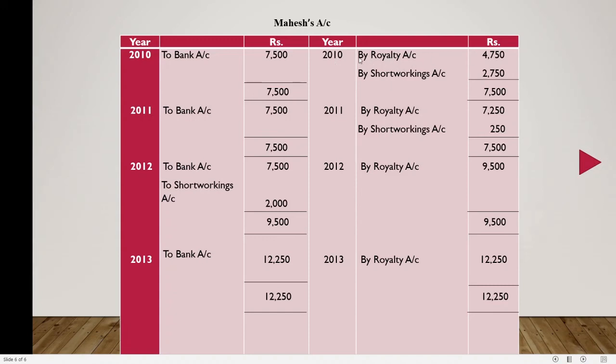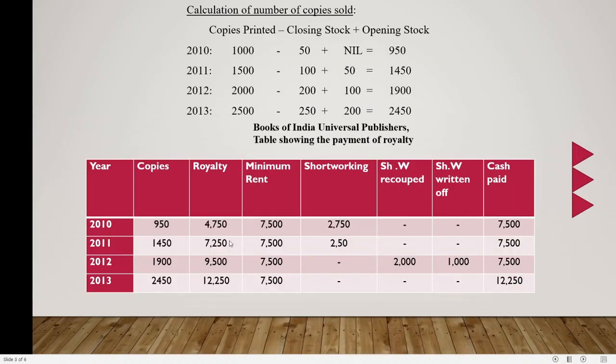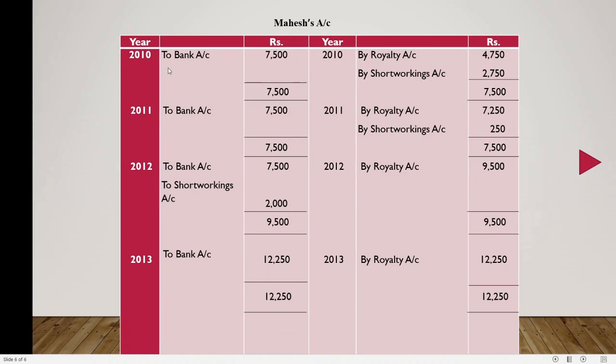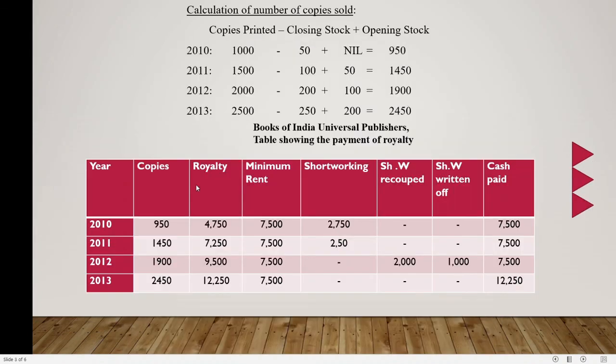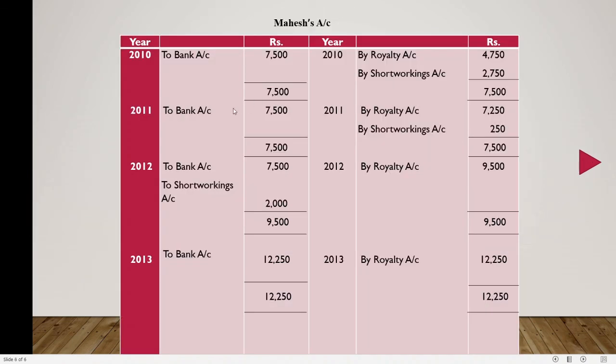So on the debit side, by royalty account 4,750, by short workings account 2,750, cash paid 7,500, to bank account 7,500, total 7,500. Again same entry: by royalty account 7,250 royalty, short working 250, cash paid 7,500, to bank account 7,500.